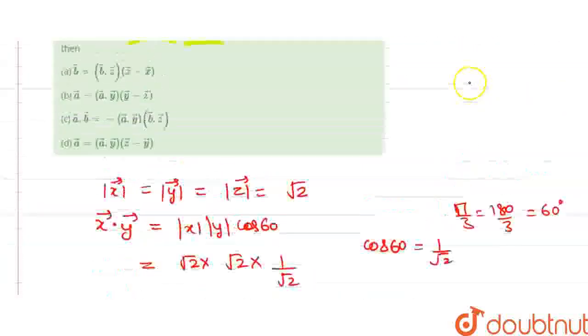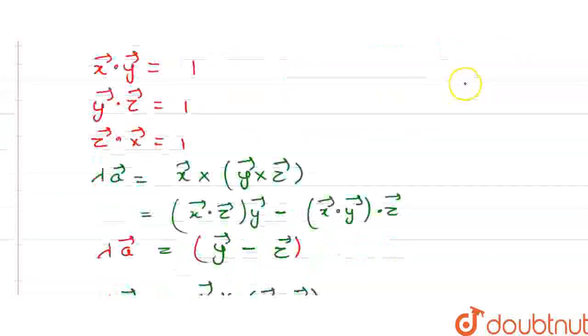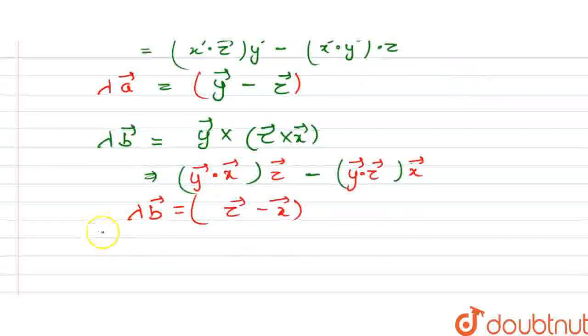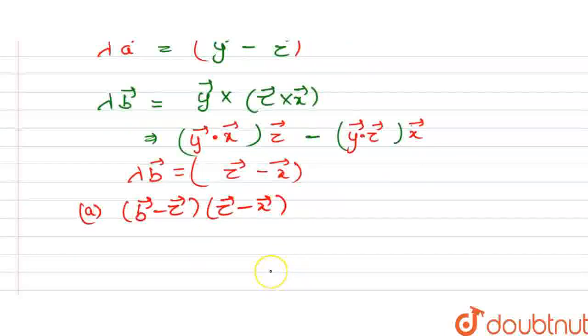So our option A is: b vector is equal to (b vector dot z vector) into (z vector minus x vector). So we can write here the first option is b vector equal to b dot z into (z vector minus x vector). Let us check whether it is true or incorrect.